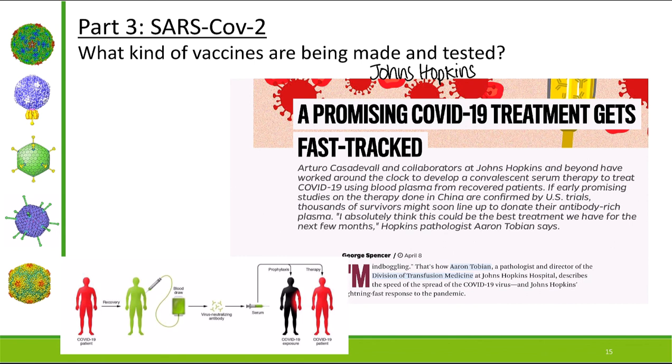And again, this is nothing new. We have been doing serum transfers for decades, and scientists have known about this for a long time. But if you recall, because this is passive, this is not long term. But they're also looking to use this serum as a method of prophylaxis. Last but not least, passive vaccines are great. This is a wonderful solution for the time being until we have something better.